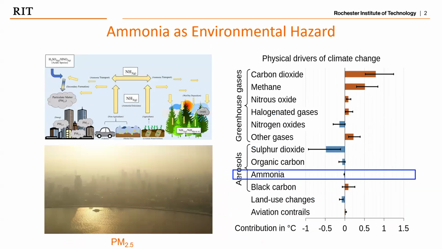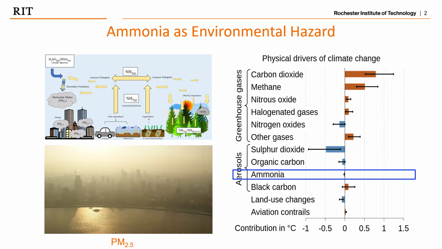It is one of the aerosols that contribute to environmental hazards. It's different from carbon dioxide. It will not cause the global warming issue, but it will contaminate the environment, causing lots of environmental and health issues. So removing trace amounts of ammonia from the environment is important.